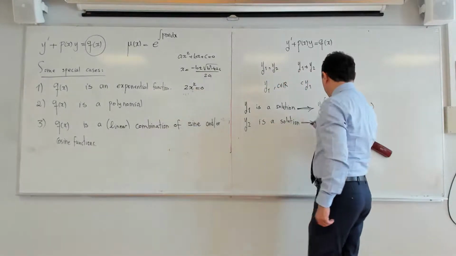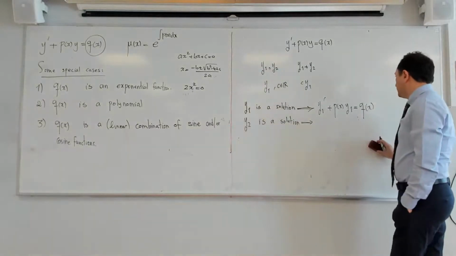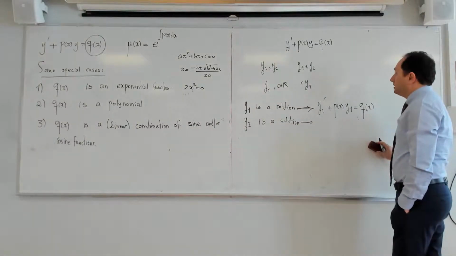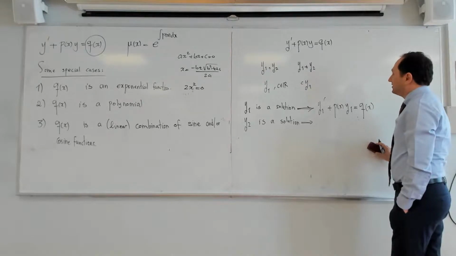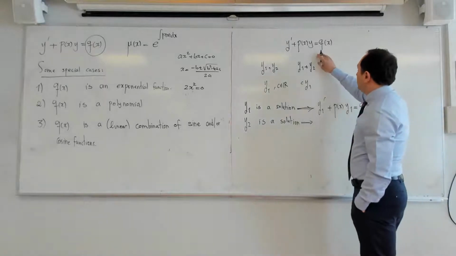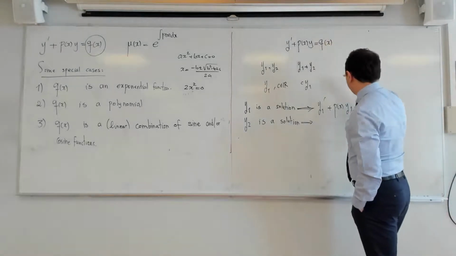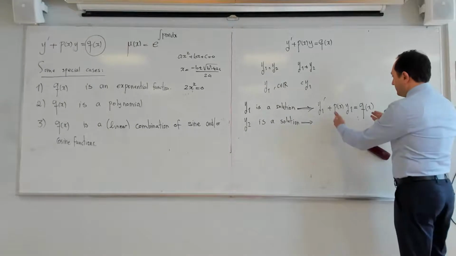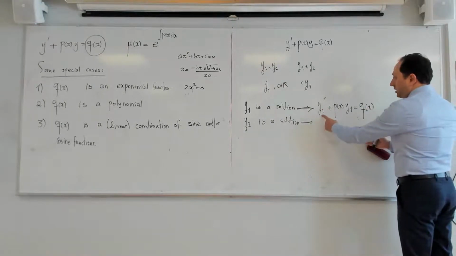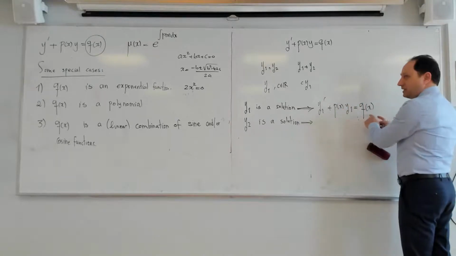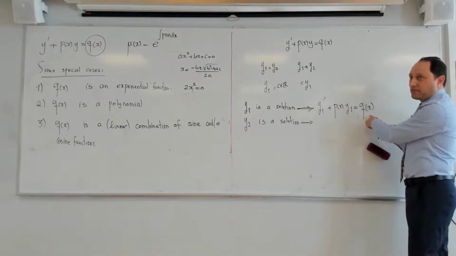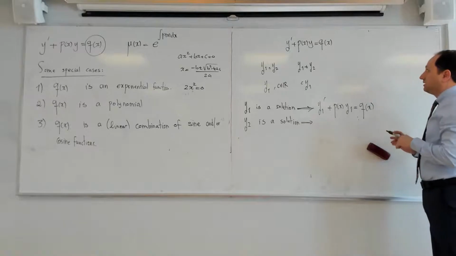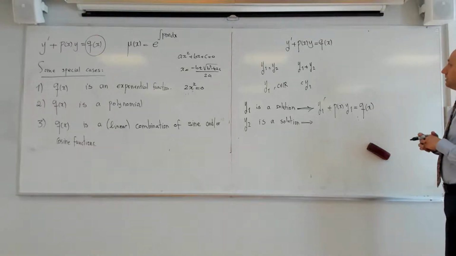So what does it mean? Sorry, I made a very big mistake. So this is not linear at all. Okay, so I really messed up. This is linear if q of x is 0, and you will see why. Because if I add them term by term, this becomes y1 plus y2 prime, this becomes p of x times y1 plus y2, and then I will have 2q of x, not q of x. So sorry, I really messed up, I should be careful about that.